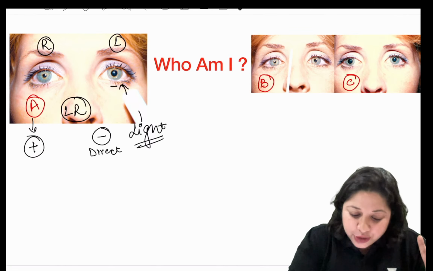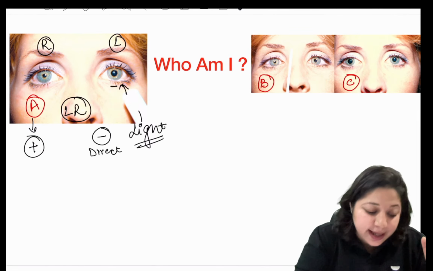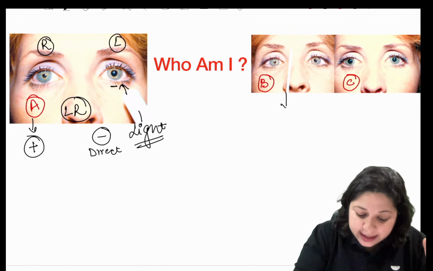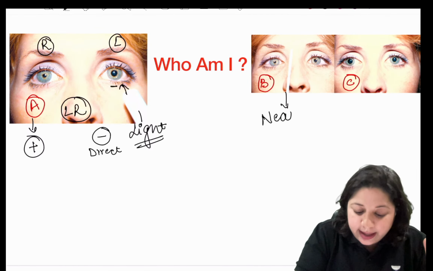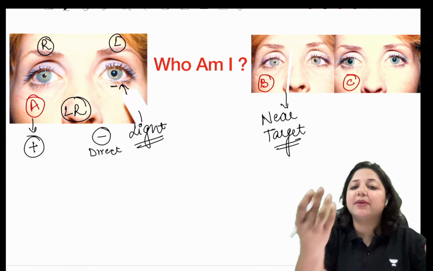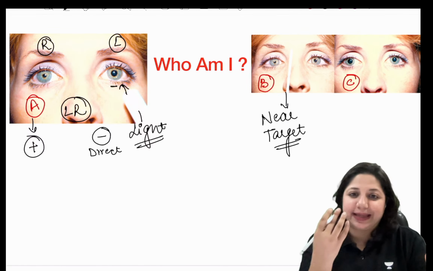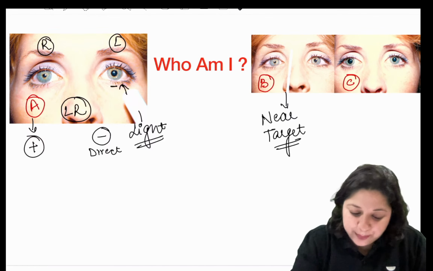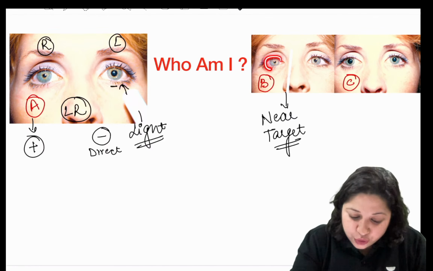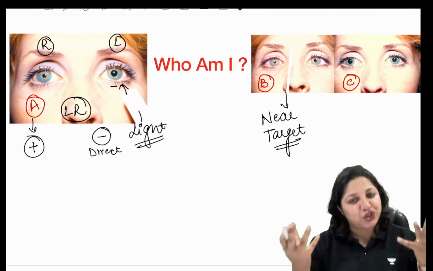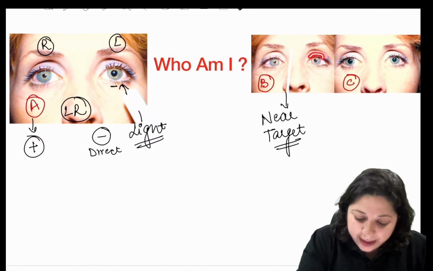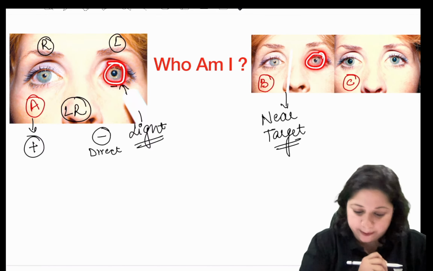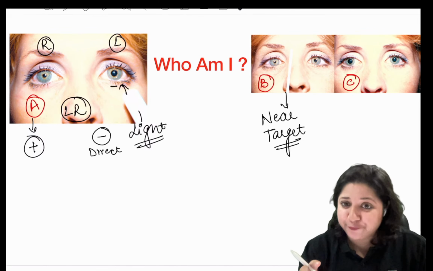Now we come to point 2. Image B, if you go, so what is this? This is a near target which is shown. So when the patient tries to look at the near image, there is constriction of the pupil here, which is expected, and compare the pupil here and here. Do you see any difference?